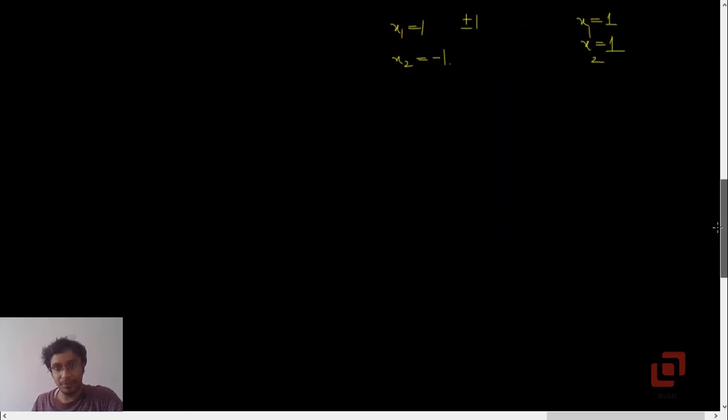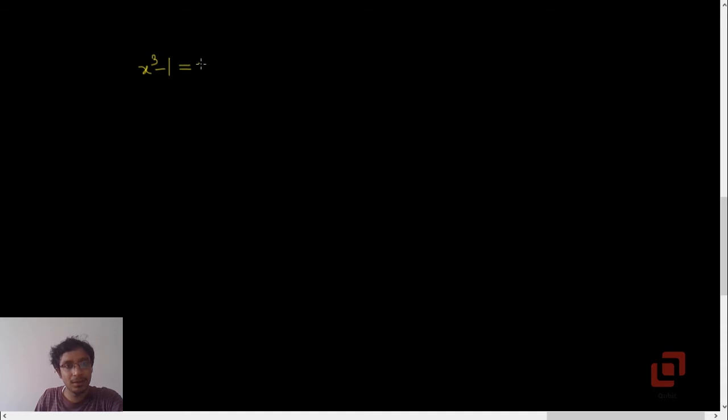Okay, so let's take this equation, let's rewrite it as x cube equal to 1, and now pay attention. I'm going to write this 1 as 1 plus 0i, and now I'm going to make use of the complex exponential form of this complex number.